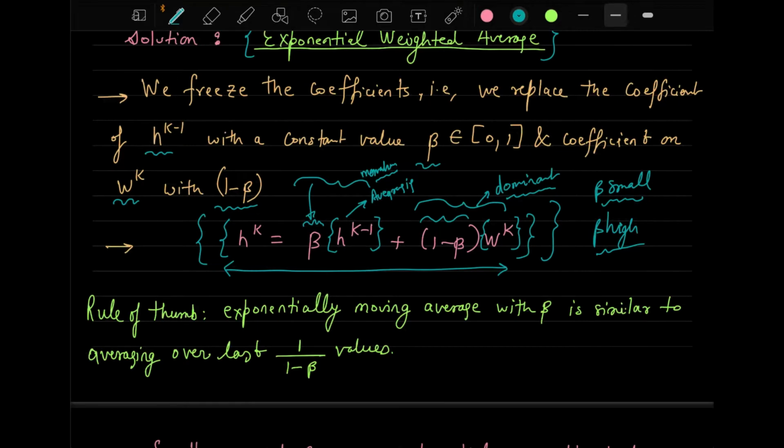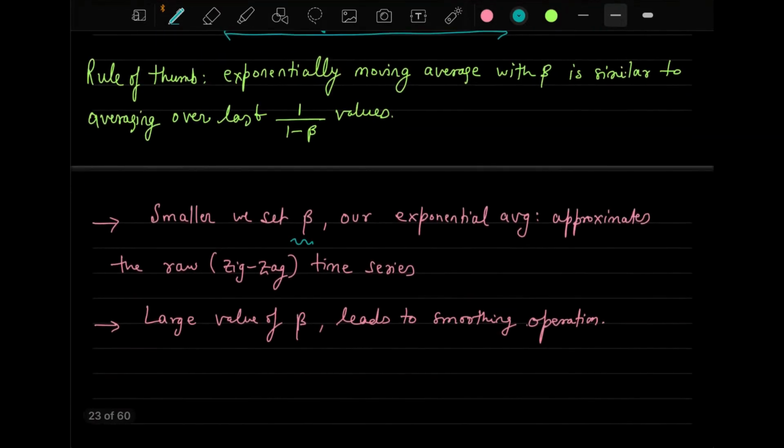So when your beta is high, you are giving more emphasis to the averaging operation rather than the noisy fluctuation. So please note that when your beta is high, it leads to a smoothing operation because you are giving more emphasis to averaging or momentum.